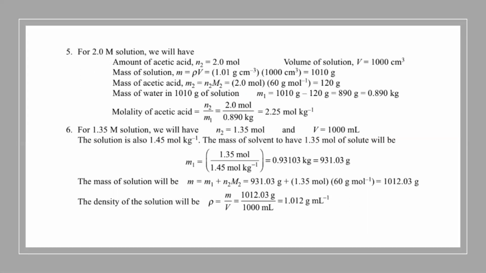For a 2 molar solution, we'll have the amount of acetic acid N2 equal to 2 moles. The volume of solution V is equal to 1000 centimeter cube. And the mass of solution is equal to density into volume.